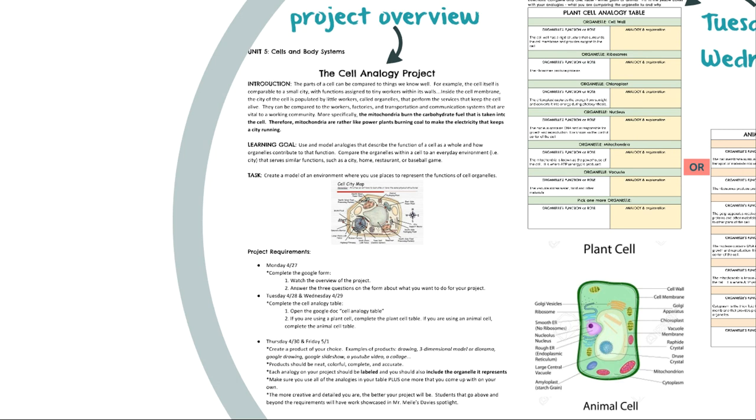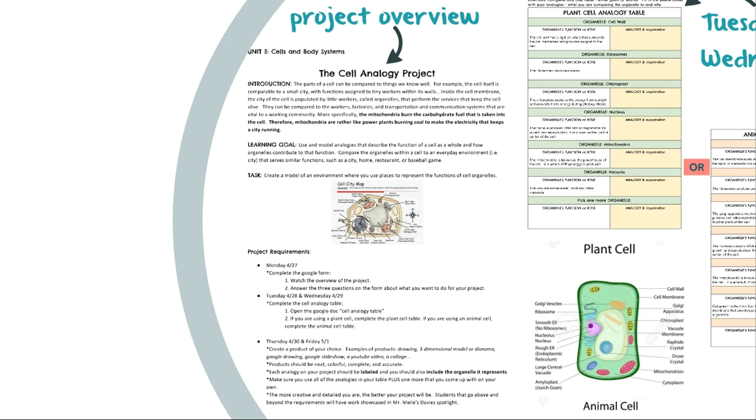For example, the cell itself is comparable to a small city, with functions assigned to tiny workers within its walls. Inside the cell membrane, the city of the cell is populated by little workers called organelles that perform the services that keep the cell alive.